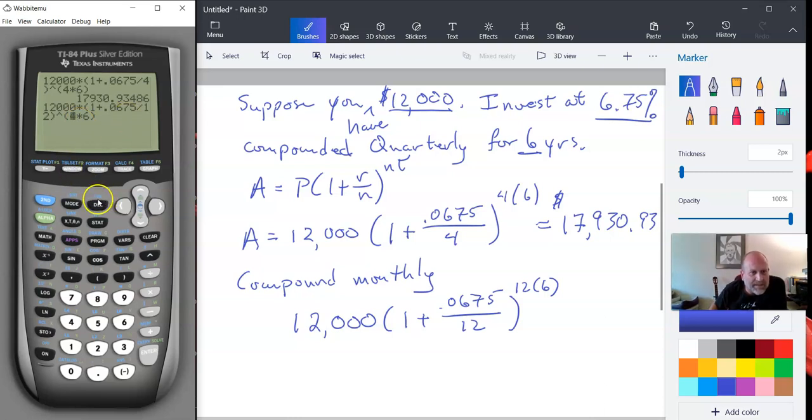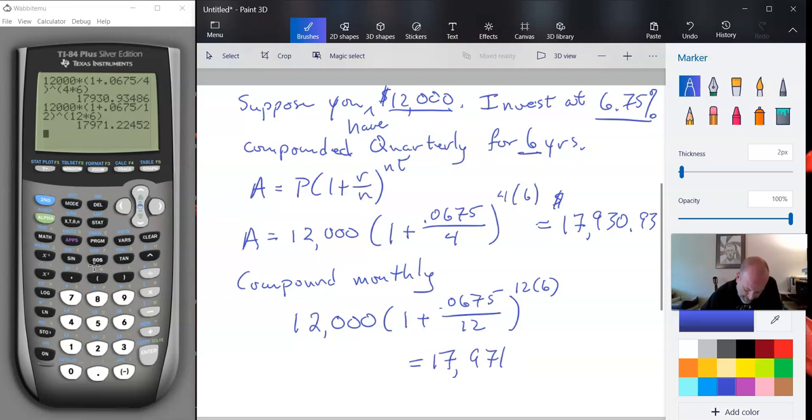So we'll delete and insert 12. So all we did was change that one number. And if we hit enter, it's still almost $18,000, right? We get 17,971, and this time it's in 22 cents.